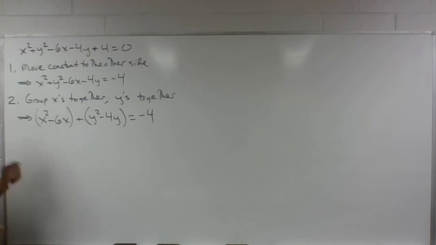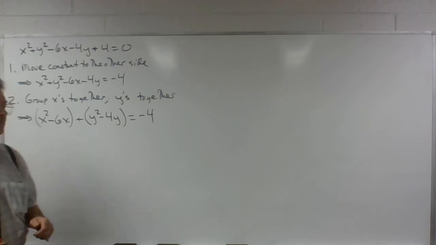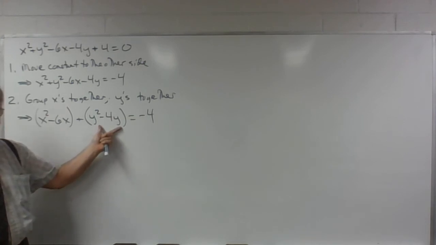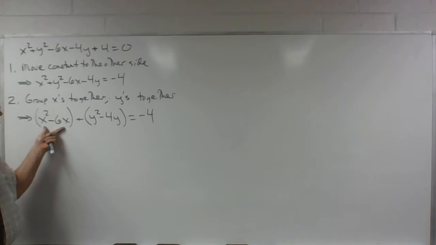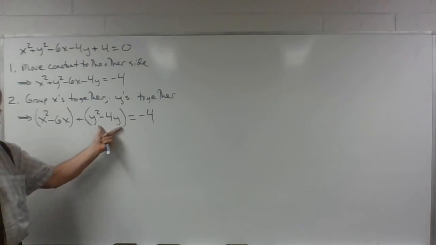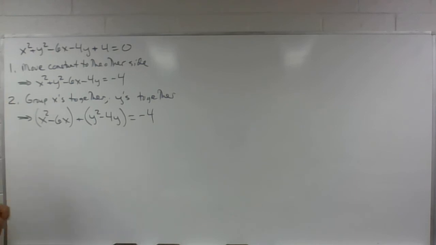And here's why I did this. I'm going to use completing the square on this expression and this expression. I want to turn this into a perfect square. I want to turn this into a perfect square.